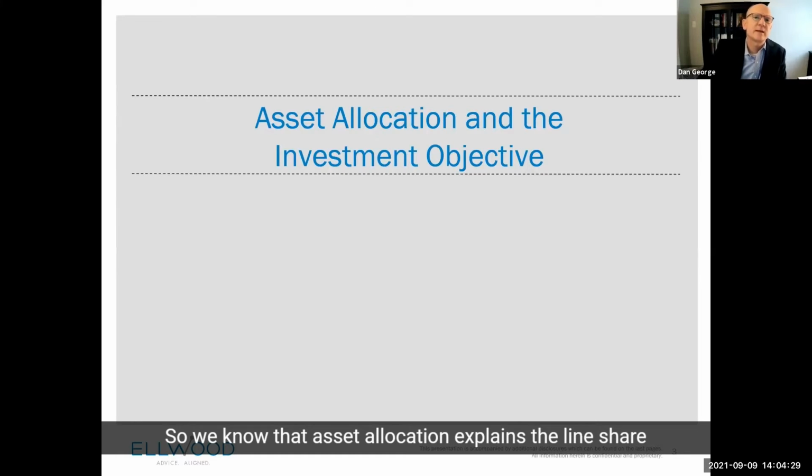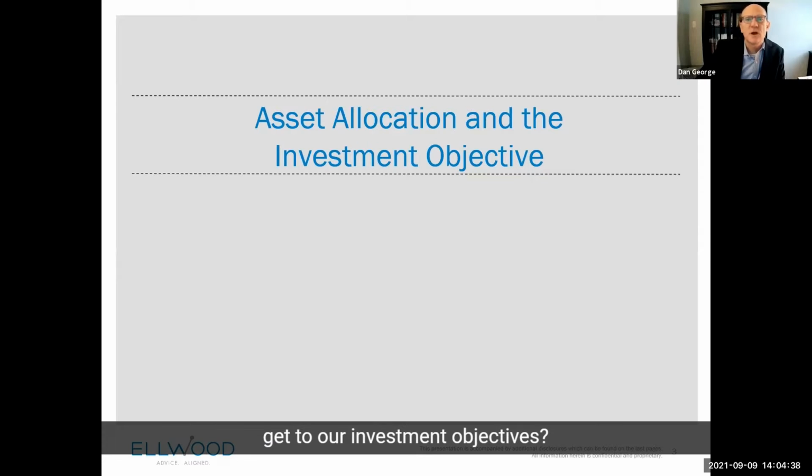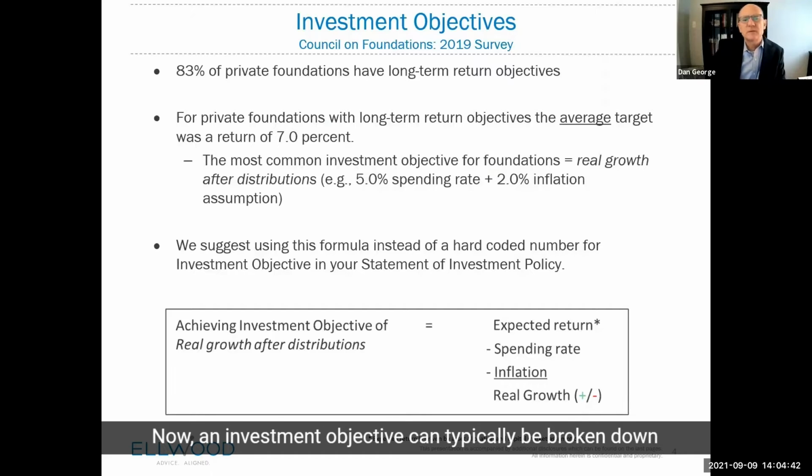So we know that asset allocation explains a lion's share of the return we can expect from our portfolio. But what we want to talk about next is how close does it get to our investment objective? Now, an investment objective can typically be broken down into subcomponents, but what we want to talk about first is the long-term return objective that foundations have. 83% of private foundations, per the Council on Foundations 2019 survey, have long-term return objectives.